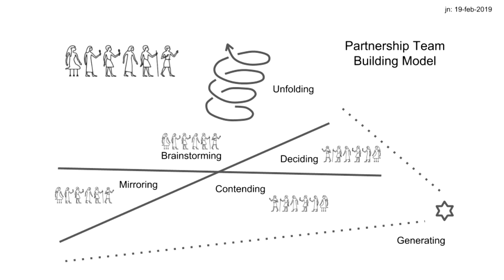Where does that come from? If we have finite lifetimes, where's this all coming from? And that's supposed to be the little asterisk at the bottom right where it says generating. There's some generative capacity, I feel, of being human, from inside of which this expansion of ourselves occurs. So this is the partnership team building model.